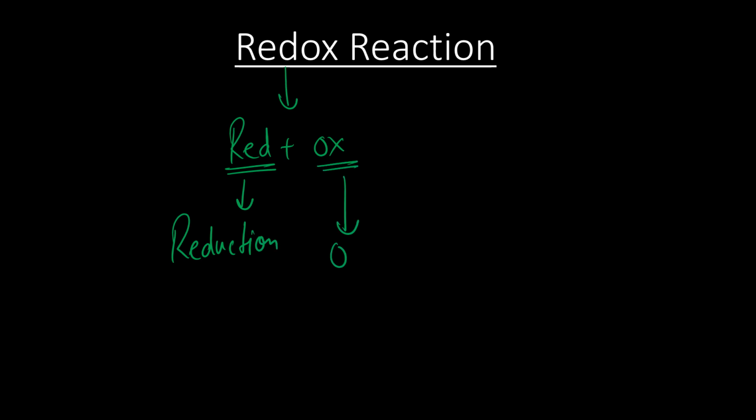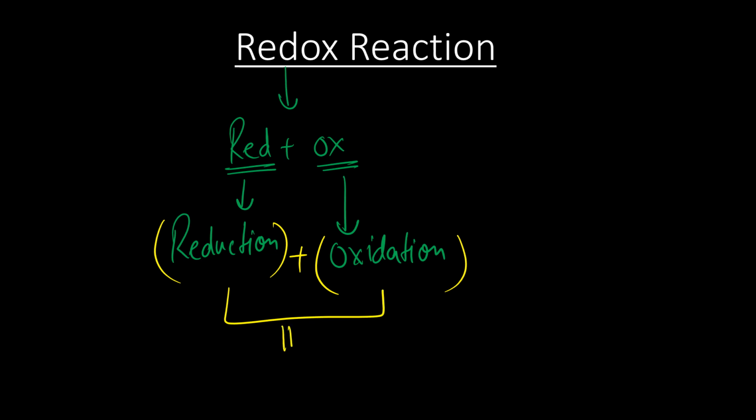So what is a redox reaction? Let's open it up. It says red plus ox, where red represents reduction and ox represents oxidation. So when reduction and oxidation come together, that's known as a redox reaction.